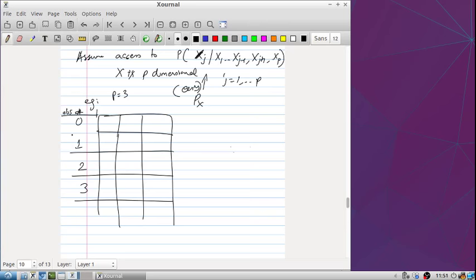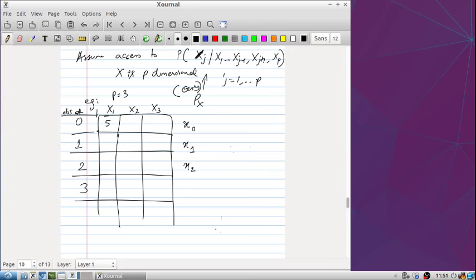So what Gibbs sampling says is let's start with some arbitrary value, some number, let's say 5. So p is 3, that's why I put 3 dimensions here. So think of this as x1, x2, and x3. The row would be little x1, the first sample. The second row would be the second sample, like little x2. Let's call it x0, x1, x2: the 0th observation, first observation, second observation, and so on.